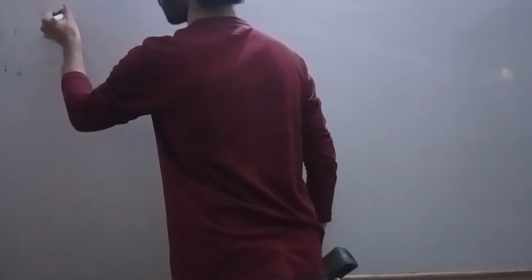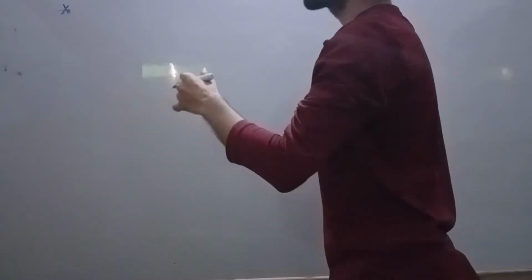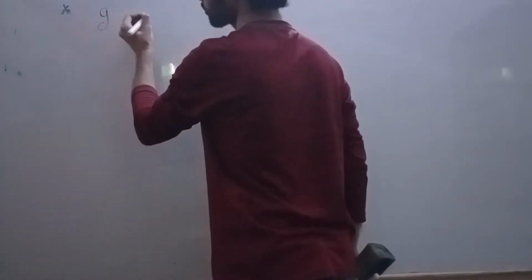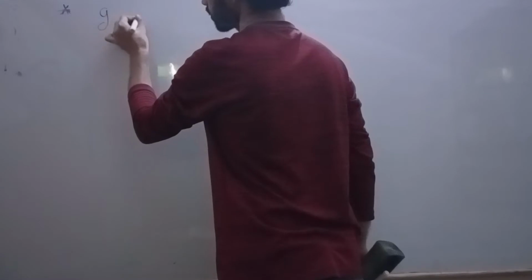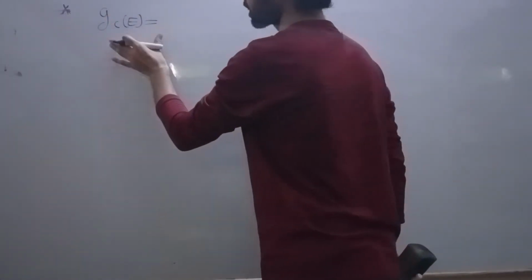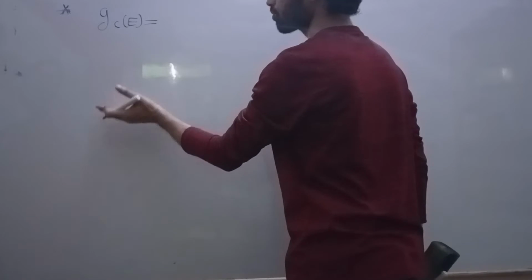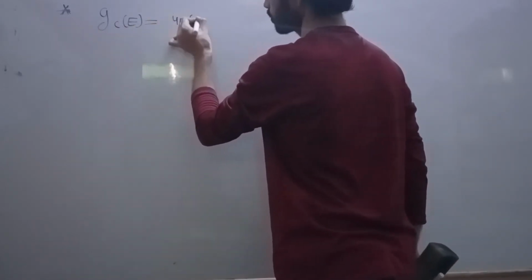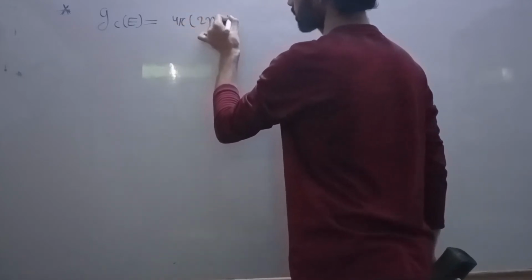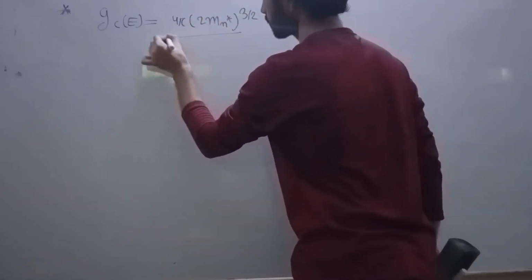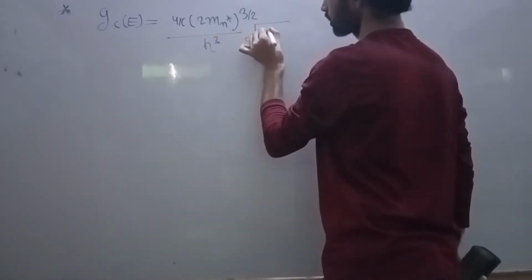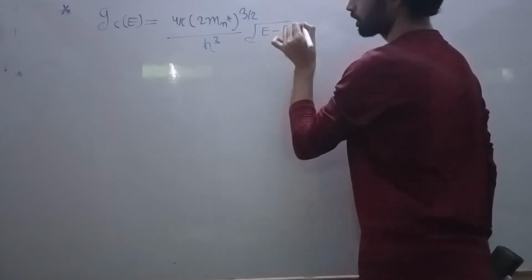See the graph. Both diagrams show the density of state function in the conduction band as well as in the valence band. See what we have calculated: this is the density of state function for the conduction band. The density of state in the conduction band is g_c(E) = 4π(2m_n*)^(3/2)/h³ times the square root of (E − E_c).